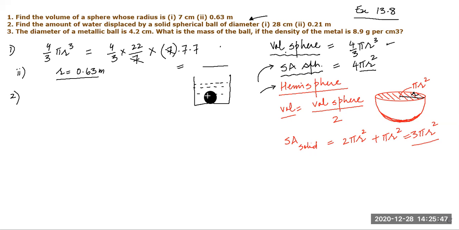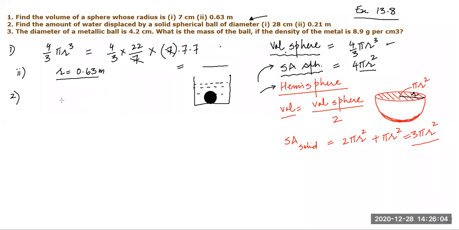Displacement of a body means the body has left the initial position and has gone to some other final position, right? That is known as displacement of a body, displacement of water.